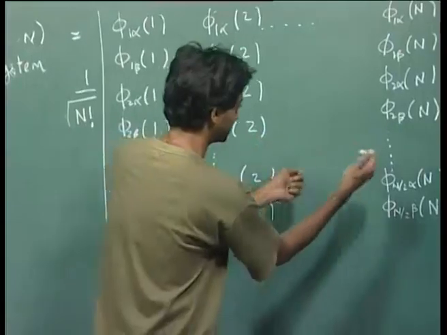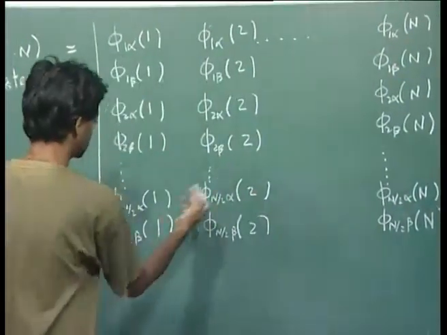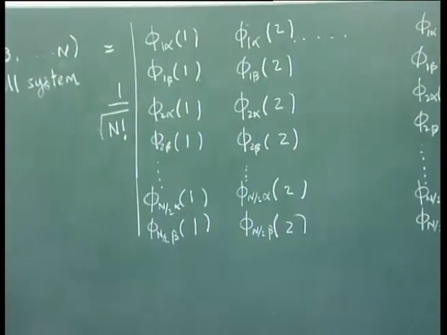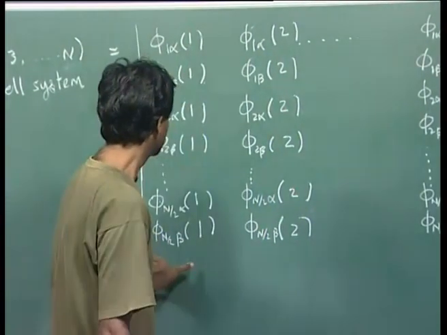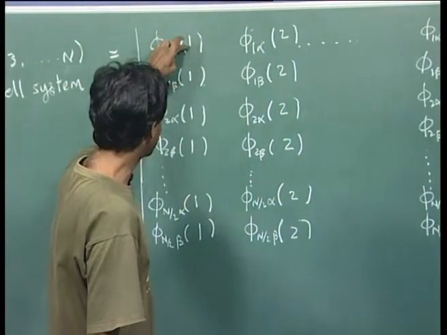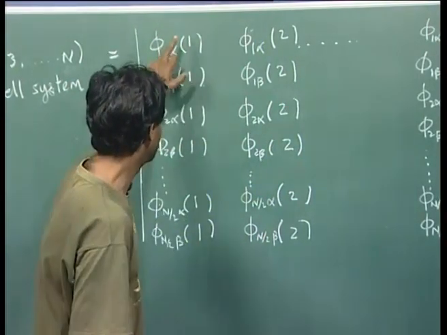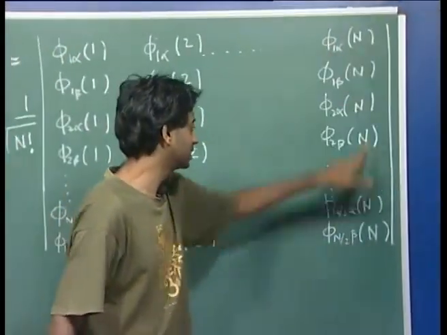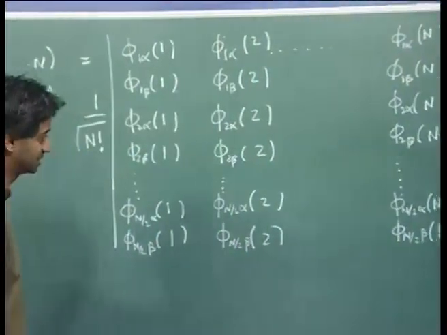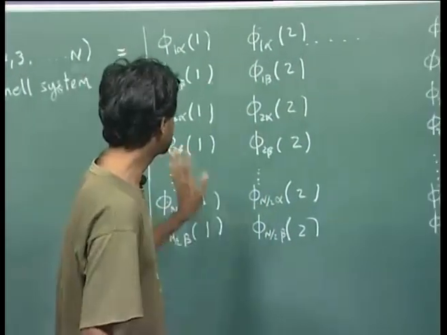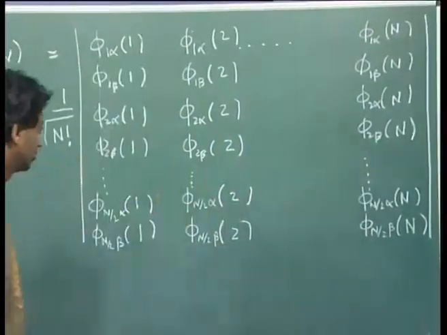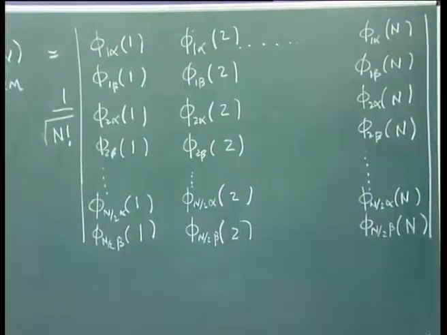So, if I change any two rows of the determinant, then the determinant changes sign, and the way we have written the Slater determinant, we have ensured that the coordinates of only one electron appear in any column, and that ensures that switching two columns is like changing the coordinates of two electrons.